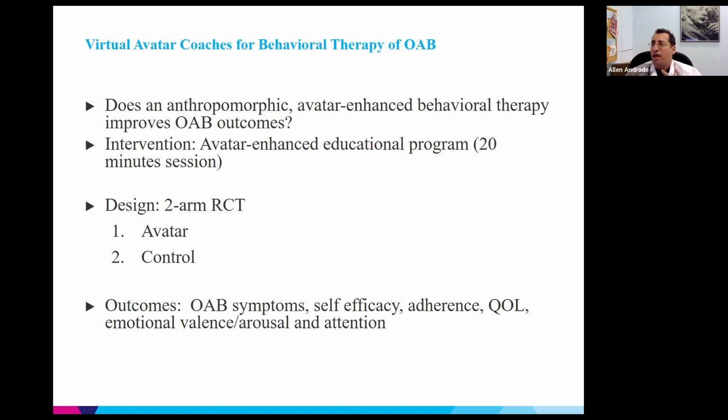Behavioral therapy includes having a bladder diary, adjusting diet and fluid intake, pelvic floor muscle exercises, and simple educational interventions that, if the patient adheres to, can dramatically improve overactive bladder symptoms in as short a time as 6 weeks.